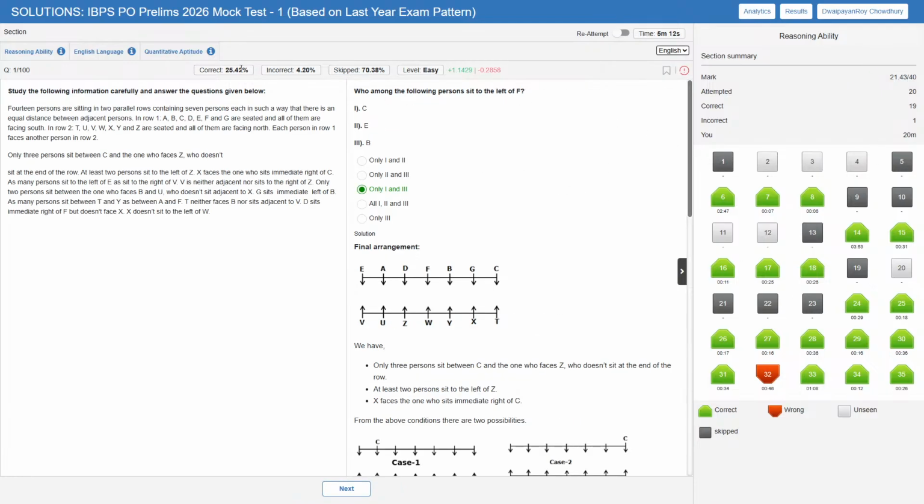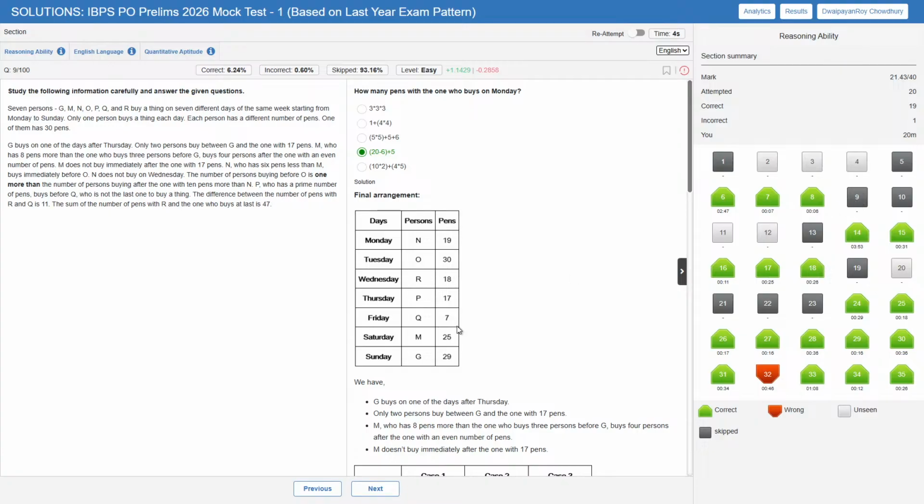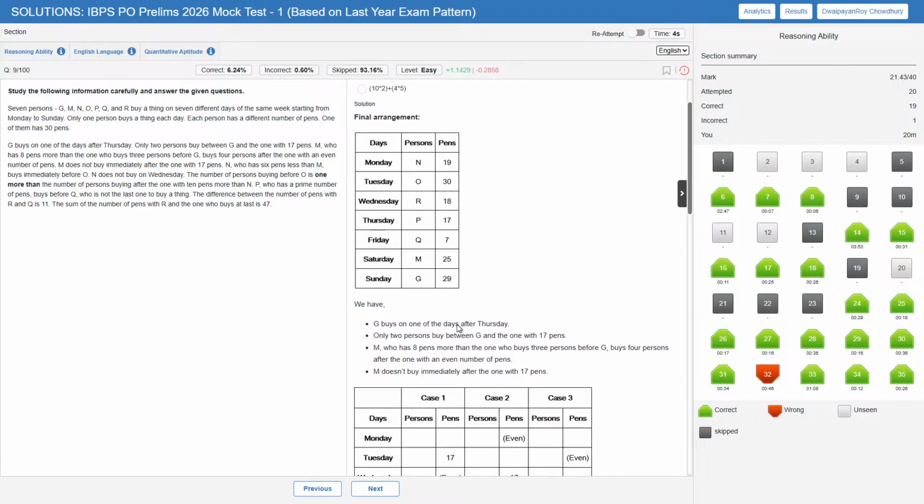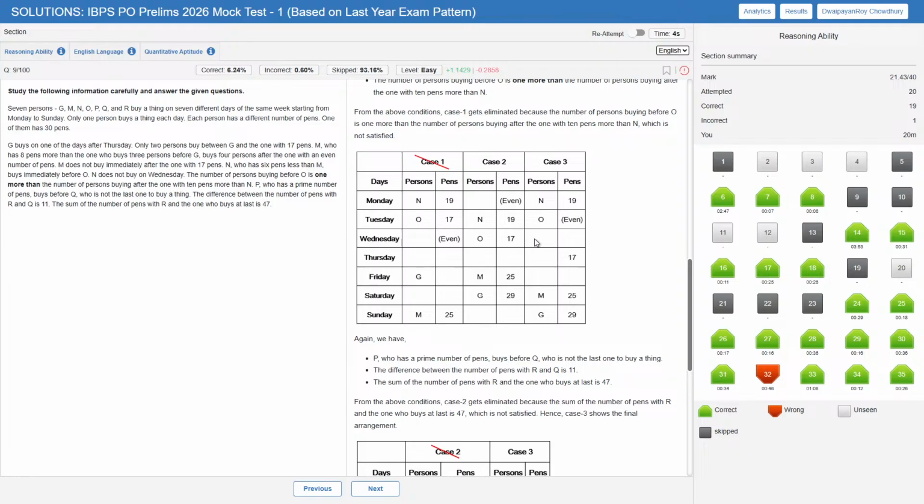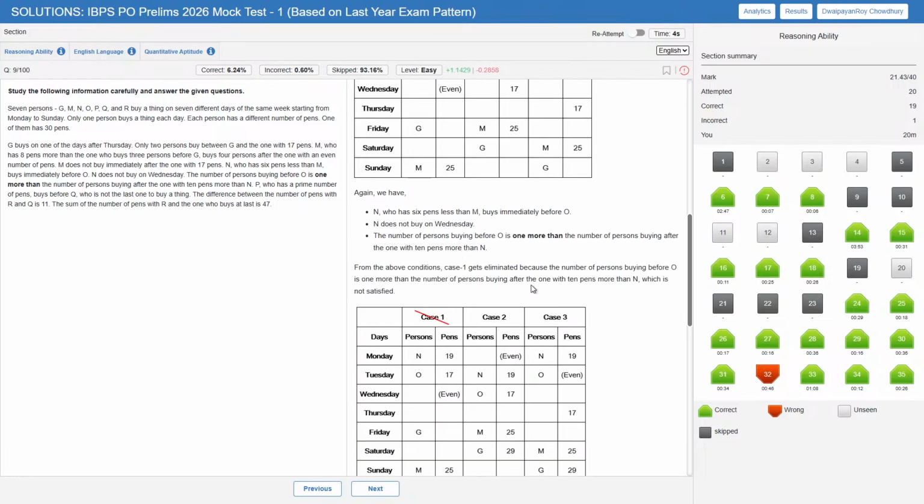Okay, only 25% have got this correct. I don't know why I started with that inverted thing. Otherwise, it was like right on track. So level was easy, they are saying, but I'm not much sure about it. This one was. I'm glad I skipped it because it would have been an even worse scenario.